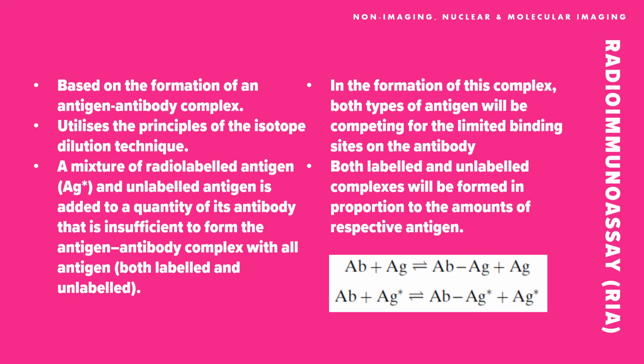But usually with ELISA, they use either colorimetric or fluorescent excitation to give the value of the concentration. But for RIA, instead of using colorimetric or fluorescence, we are using an isotope to give you the values.